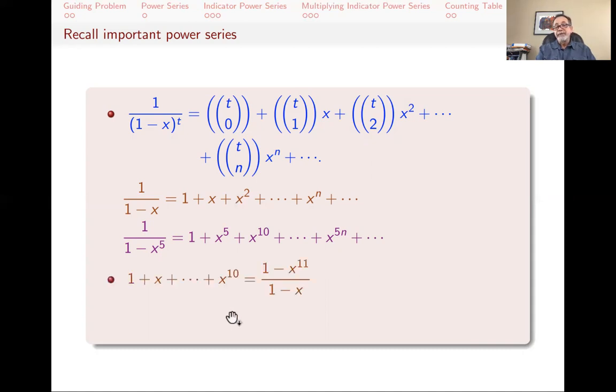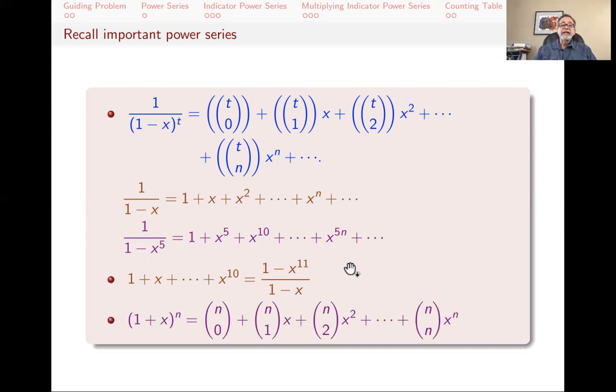Another one to know is partial sums of geometric series, of the form 1 plus x up to x to the 10, which is going to be (1 minus x to the 11) over (1 minus x). And finally, one that we will not use today, but it's useful to know, is the binomial theorem. (1 plus x) to the n is the closed form for the binomial coefficients, one row of the Pascal's triangle.